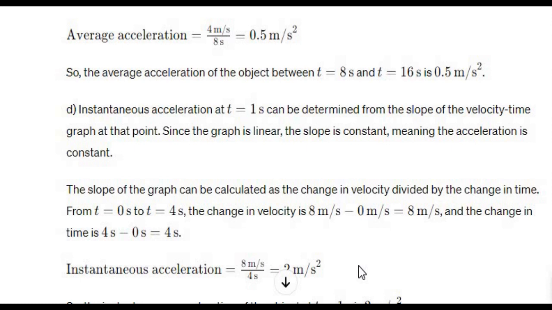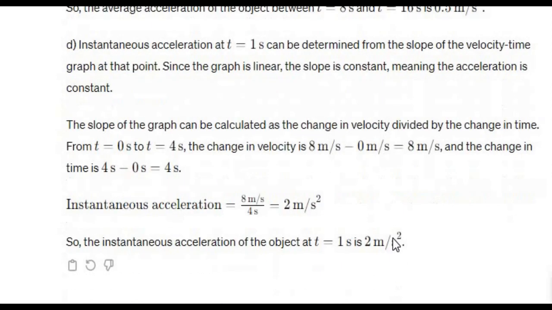From t equals 0 to t equals 4 seconds, the change in velocity is 8 meters per second minus 0 meters per second equals 8 meters per second, and the change in time is 4 seconds minus 0 seconds equals 4 seconds. Instantaneous acceleration equals 8 meters per second over 4 seconds equals 2 meters per second squared. So the instantaneous acceleration of this object at t equals 1 is 2 meters per second squared.